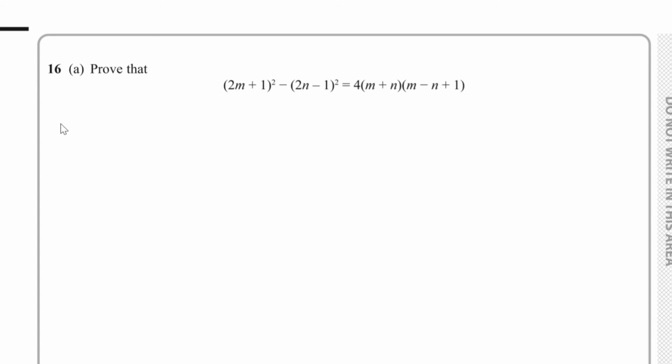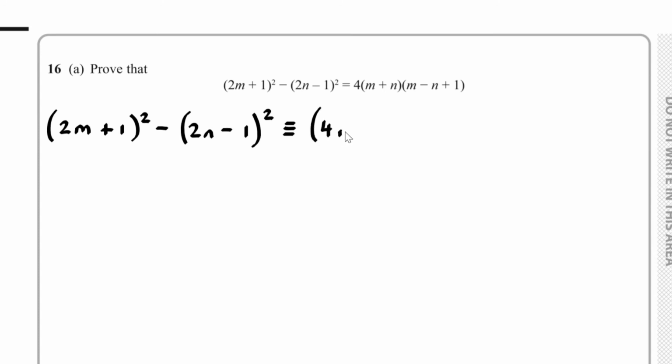If we begin with what we have on the left hand side, we have 2m plus 1 squared subtract 2n minus 1 squared. 2m plus 1 all squared is equivalent to 4m squared plus 4m plus 1.